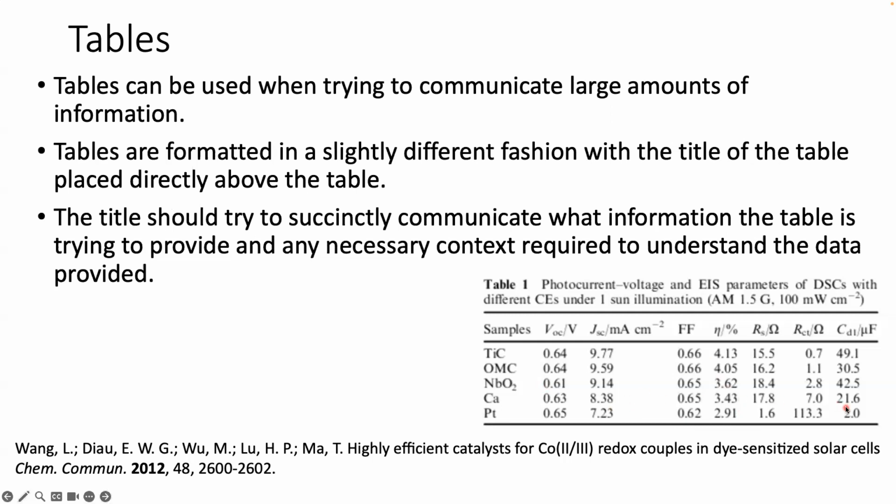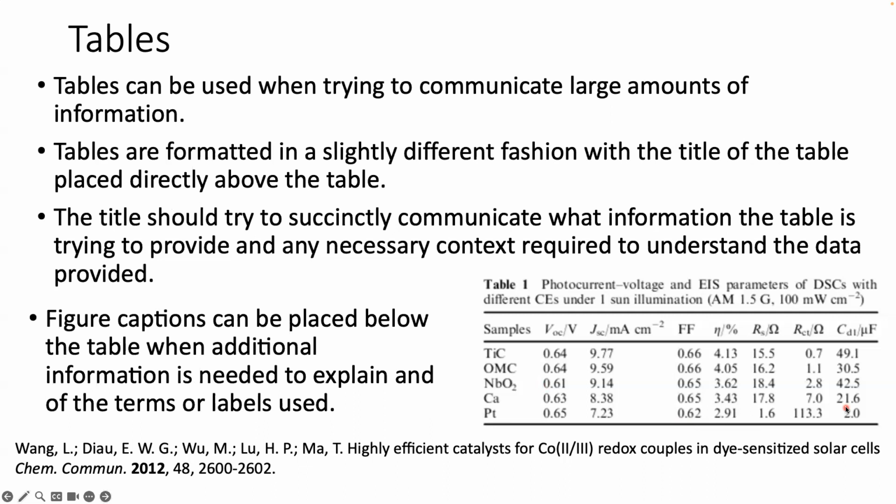Now, if this is not enough, if I'm dealing with very complicated data with specific types of collections, especially when I need to designate how each of these specific columns are different, in this case, you may need to include some extra labels and maybe even captions below.